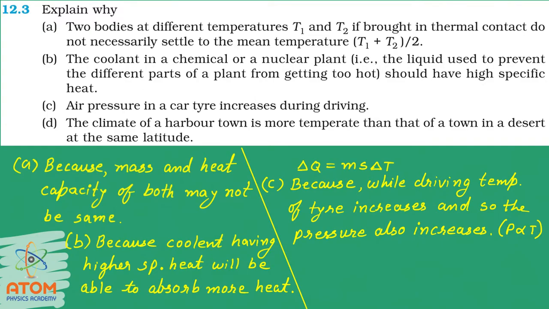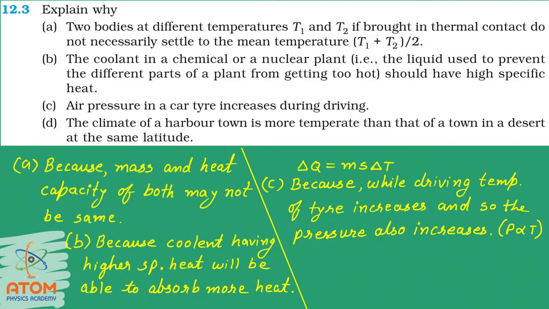That will increase the temperature of the air inside the tire, and due to braking and so on, the tire will heat up and so the temperature of air will increase. That will in turn increase the pressure, because as I said, pressure is proportional to temperature. That's why air pressure increases while driving.